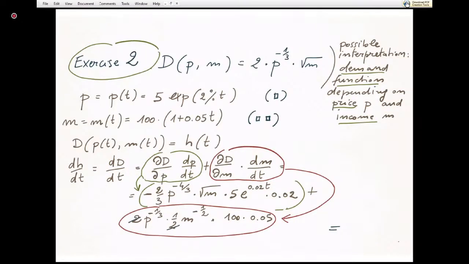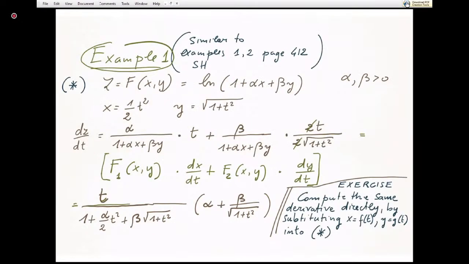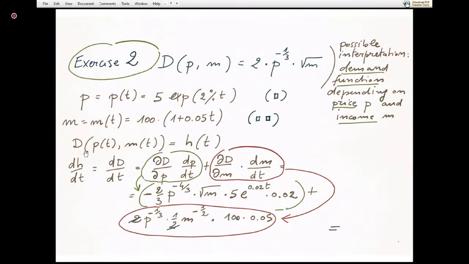Now, in some cases, it's useful to compute the time growth rate, not the time derivative, the time growth rate. I will illustrate this with a specific example in which I have a function which is supposed to be a demand function for a given good that depends on the price of the good and on the income.